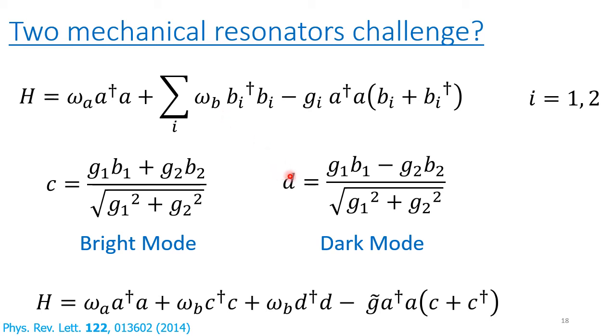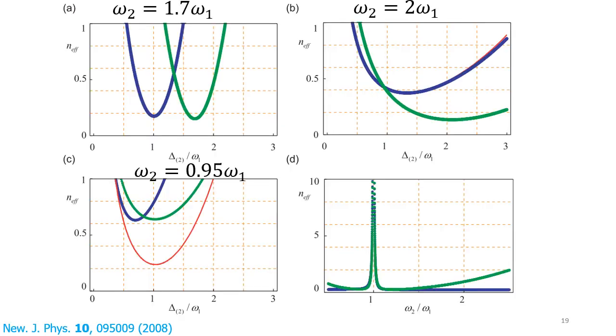The reason is that if the mechanical resonators are degenerate, then the presence of a dark mode, which decouples from the cavity mode, makes it impossible to cool down the mechanical resonators simultaneously. This is pointed out in several works. One of them is here, and please focus on this panel D. These are the ratios of the frequencies of the mechanical resonators, and you can see that if the frequencies of the mechanical resonators are close to each other, it is not possible to cool them down.